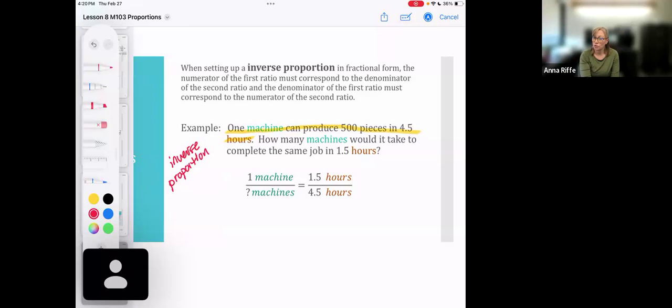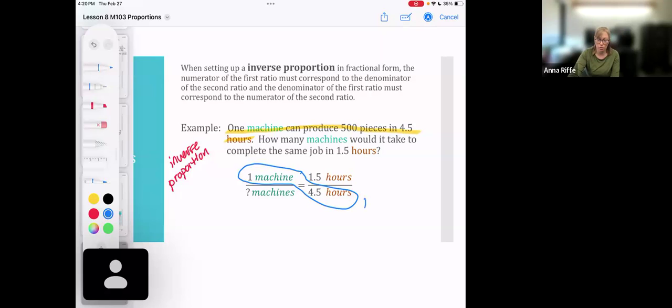If you have an inverse proportion, then that known relation we are going to put in the numerator of the first fraction and the denominator of the second. So we're going to flip-flop them, rather than both quantities from that known relation being in the numerator. We're going to put one in the numerator and one in the denominator.